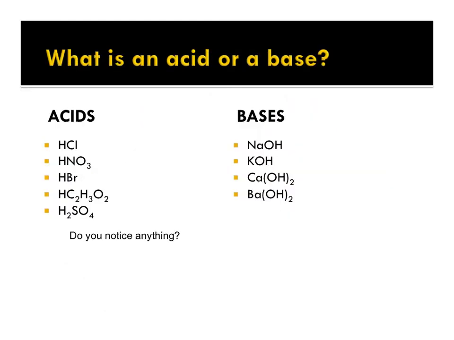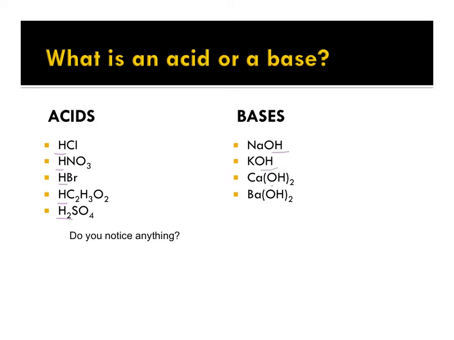Okay, so what is an acid and what is a base? These are simple definitions that you can look at the formula and be able to identify. If we look at these two lists, we can see that the acids tend to have this H present, or more than one H when you look at the H2SO4.